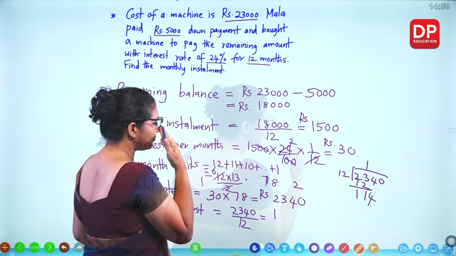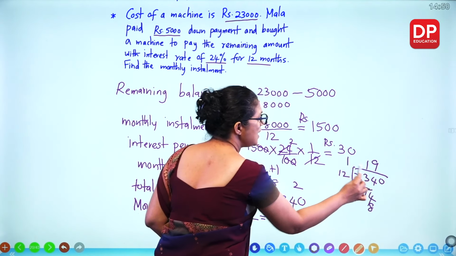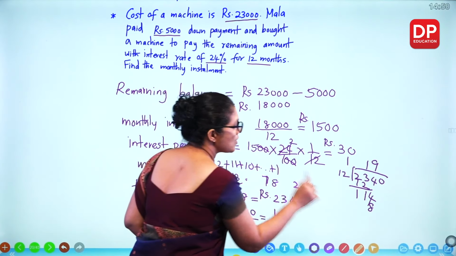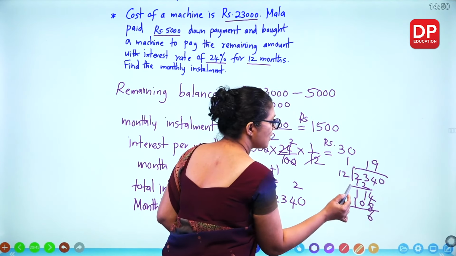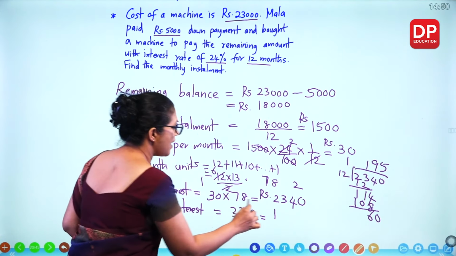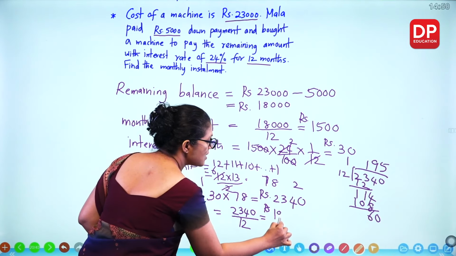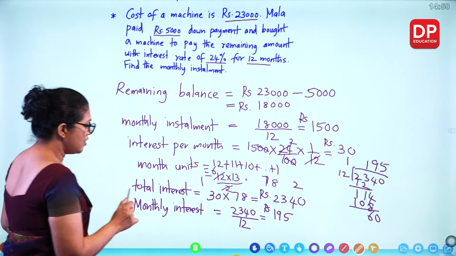This is 9. 9 times 2, 18. 9 times 1, 9, plus 1, 10. So for 60, that's 195 rupees. So this is the monthly interest.